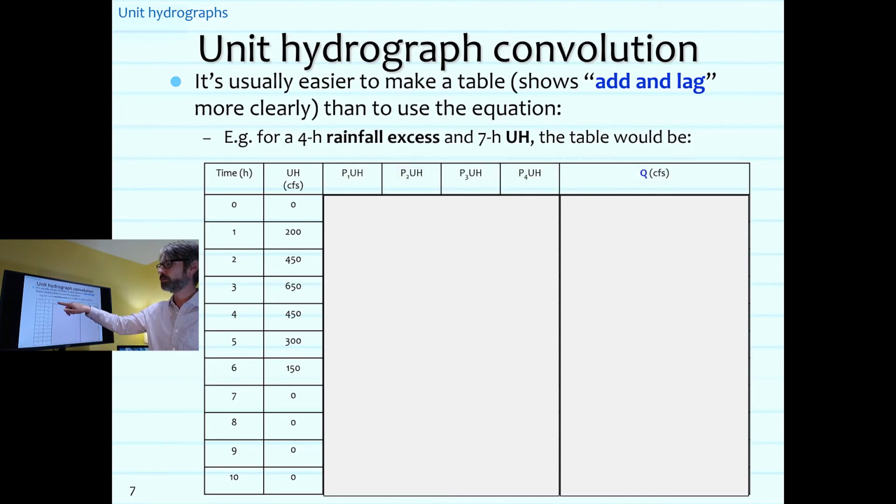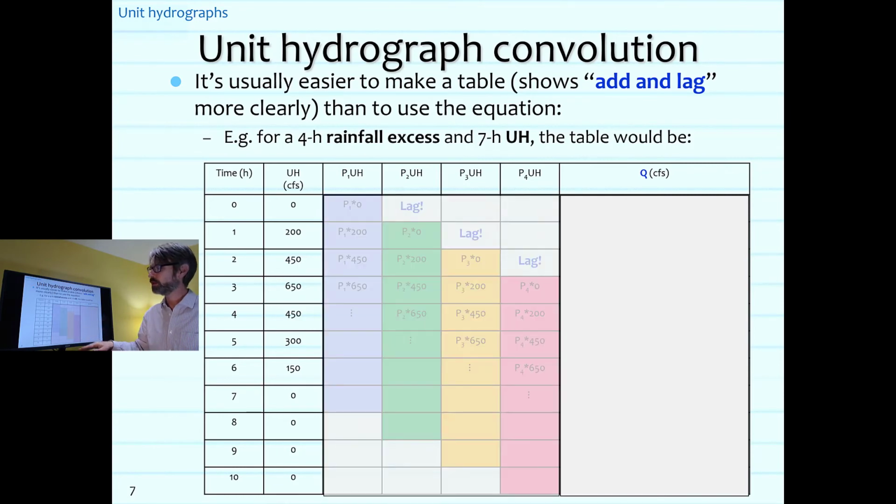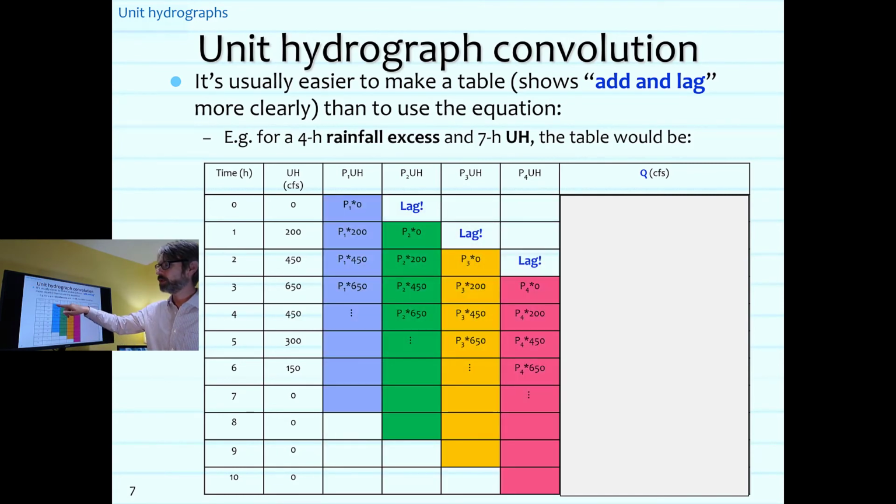Then in the column headings, I have P1 times the unit hydrograph, P2 times the unit hydrograph, P3, P4, and then the storm hydrograph here is the Q. And what I fill in here is P1 times each of these values. So P1 times 0, P1 times 200, P1 times 450, and 650, and so on.